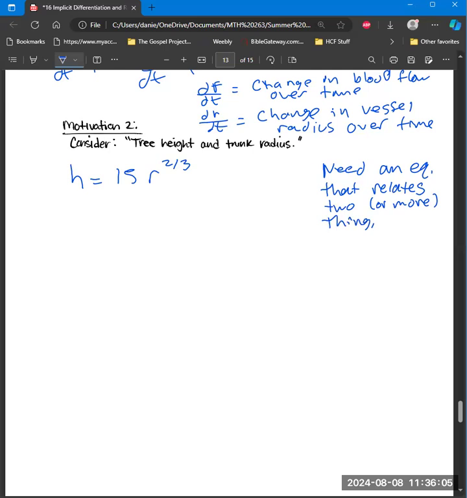And we need to define our variables, and know what units we're going to be using and what units they are measured in.